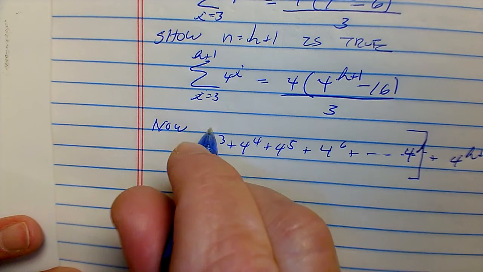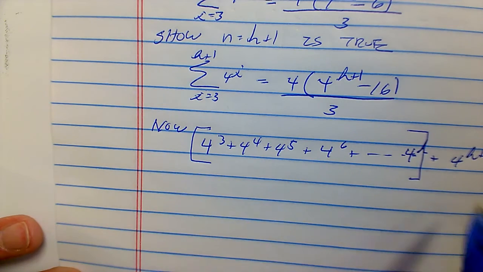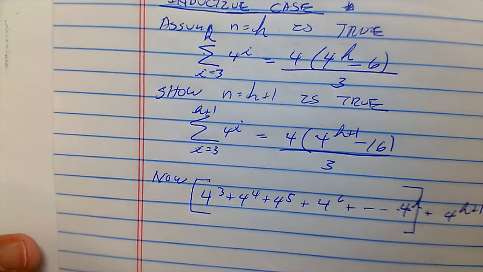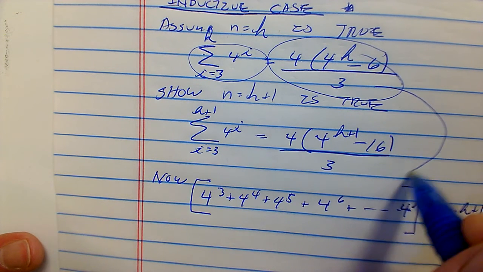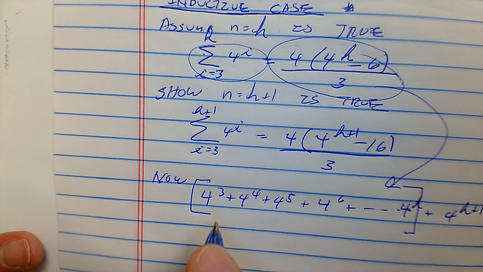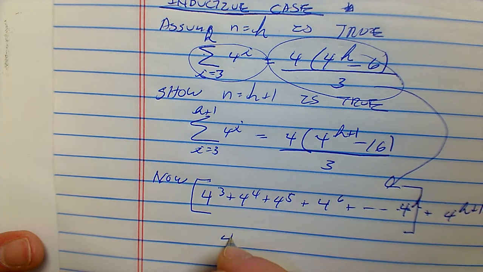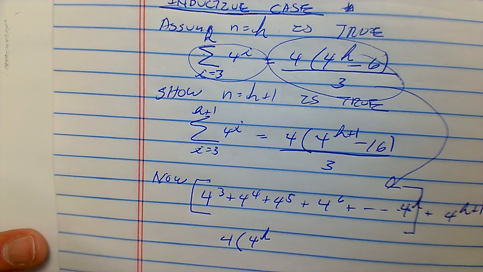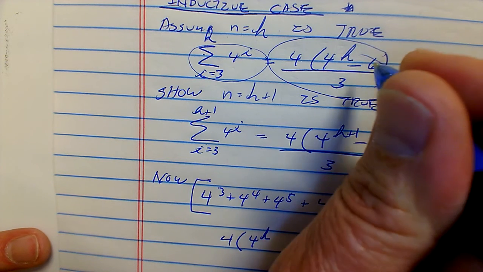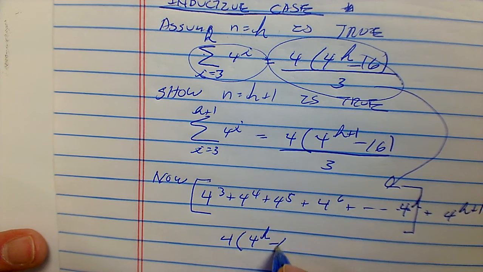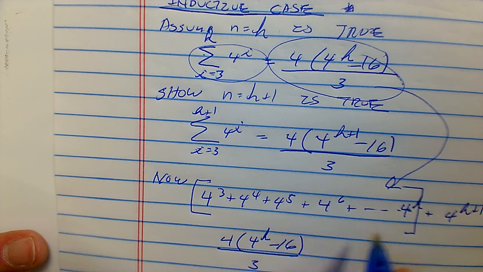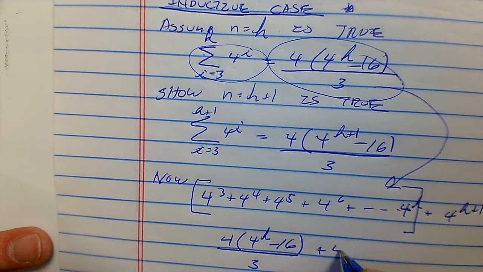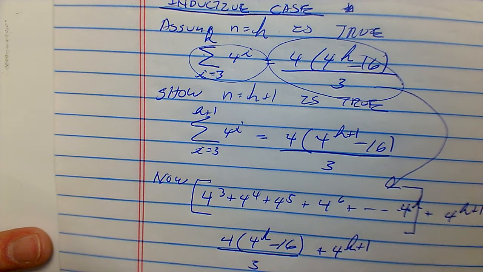Well, this expression right here is the same as what we were assuming. So we can substitute this into its place. So we have 4 times 4 to the k minus 16 over 3 plus 4 to the k plus 1.